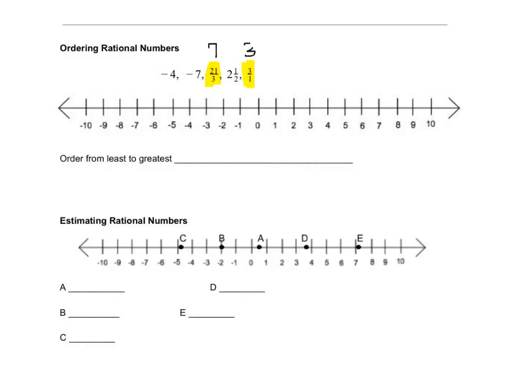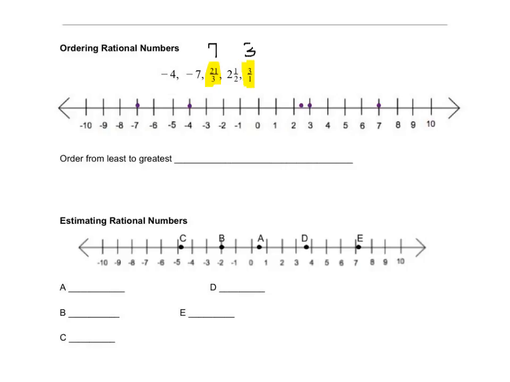So -4, then I have a -7, my 21/3 I had already simplified to 7, 2.5 will go halfway between the 2 and the 3. Might have to estimate there a little bit, and my dot's a little large. And then 3/1 we had already simplified to 3. So those are going to get really close with how big my dot is.